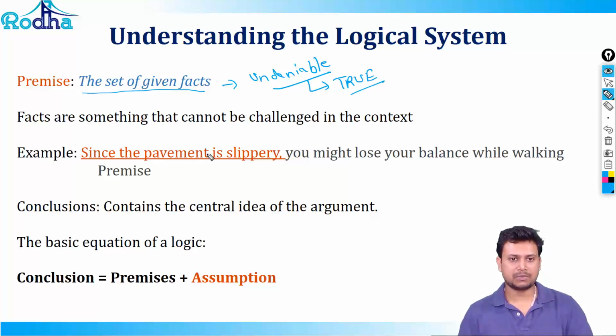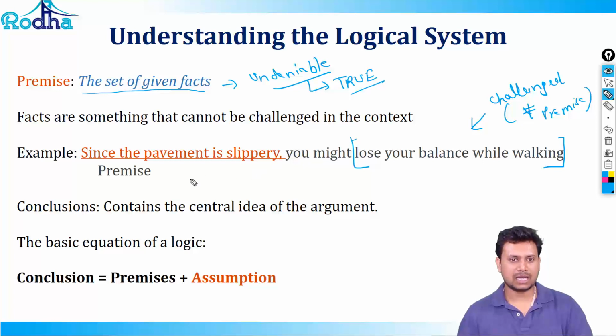For example, since the pavement is slippery, you might lose your balance while walking. Now, losing your balance while walking can be challenged. This may or may not happen. So therefore, it is not the premise.